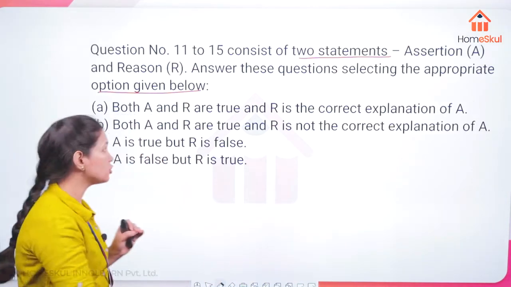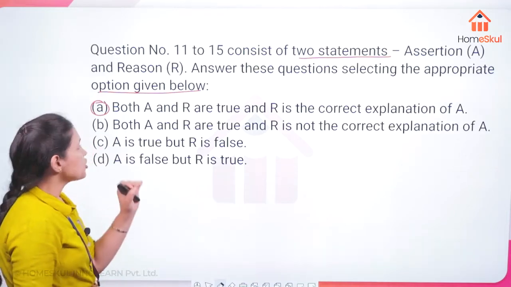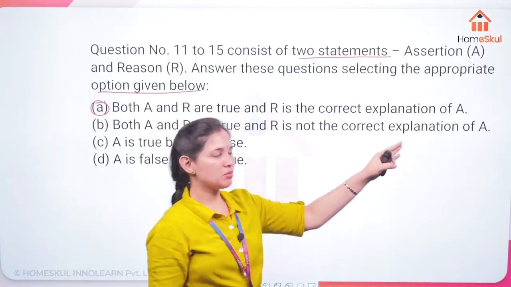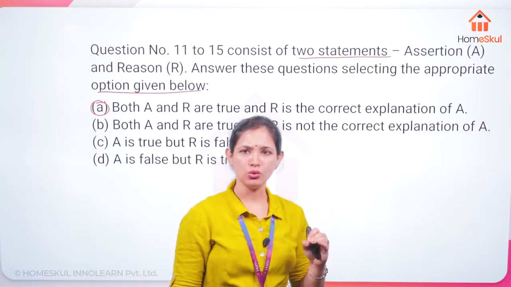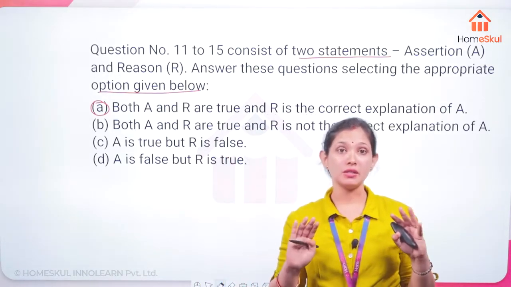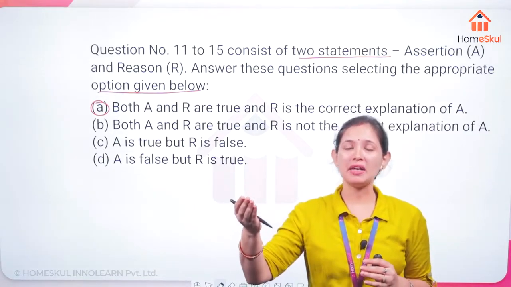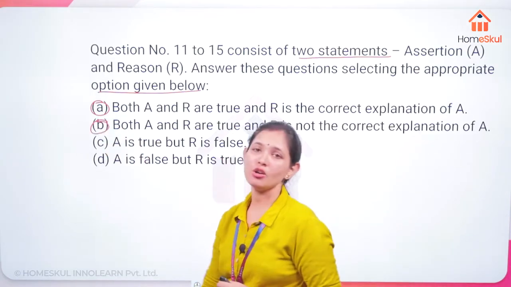For that you go for option A. Or both A and R are true and R is not the correct explanation of A. Both assertion and reason are true, there is no mistake in those lines, but R is not the correct reason for explaining your assertion. For that you go for option B.